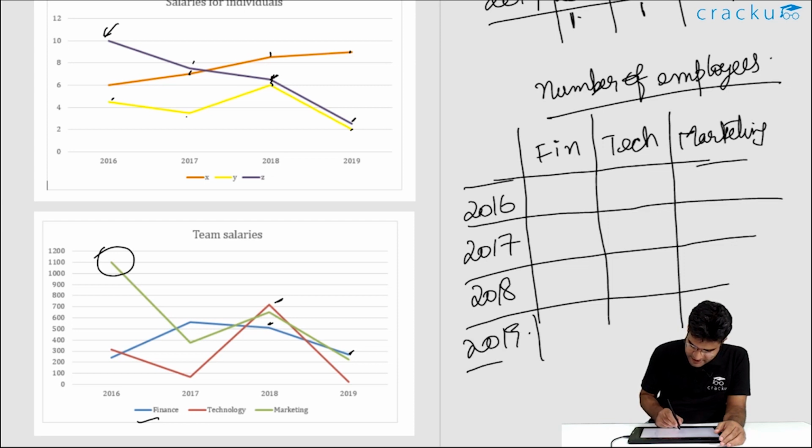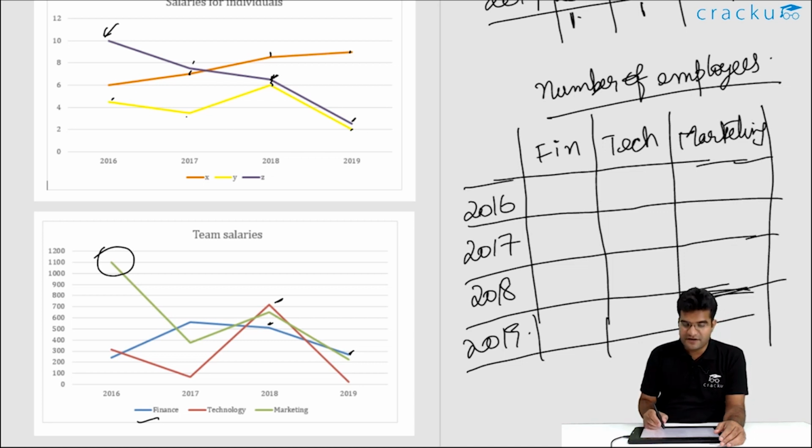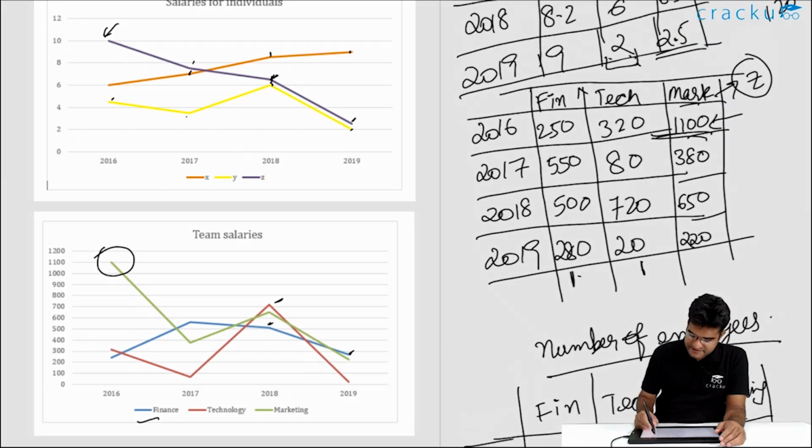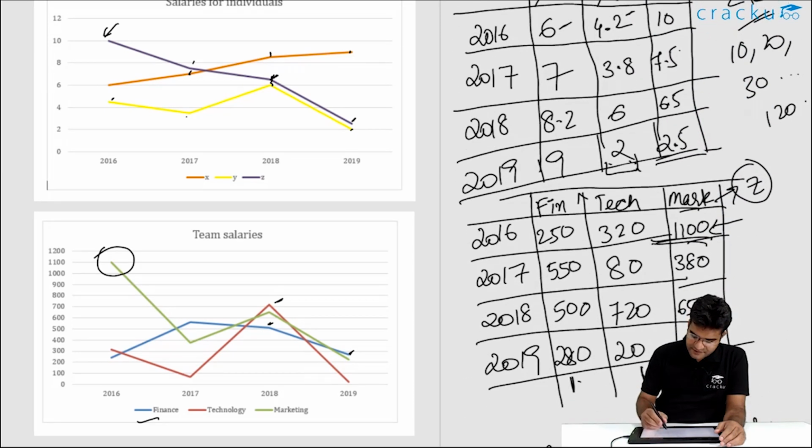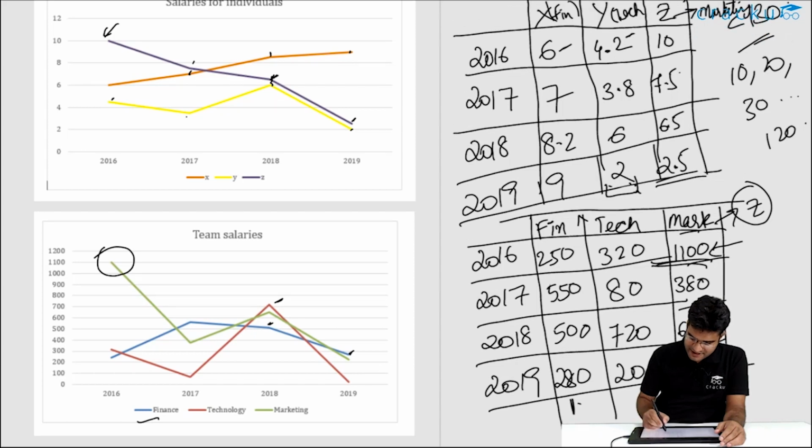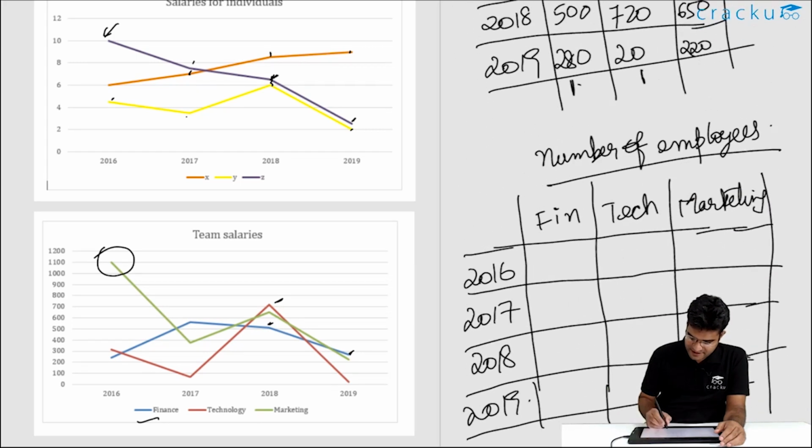Remember that there are a total of 12 blanks to fill here, and we know that each of the blanks are 10, 20, dot dot dot till 120. We just need to understand where we can fill each of them. Now for this we have the data over here. We know that the number of employees in marketing in 2016 is 110, because that is 1100 by 10. So let us first fill that up. This is 110.